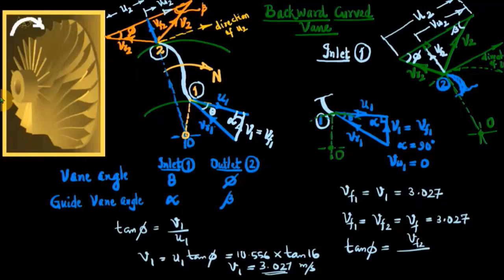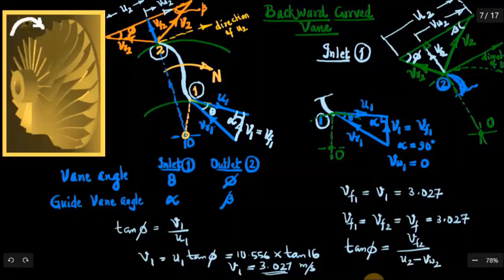So the adjacent side is this small part. What is that? If we consider one portion of that outlet velocity triangle, as I explained to you already, tan phi is VF2 divided by U2 minus VW2.